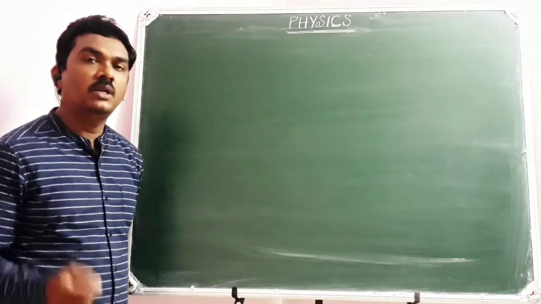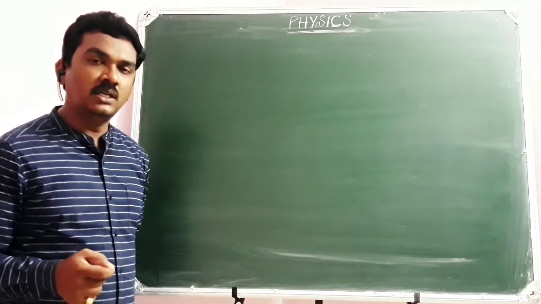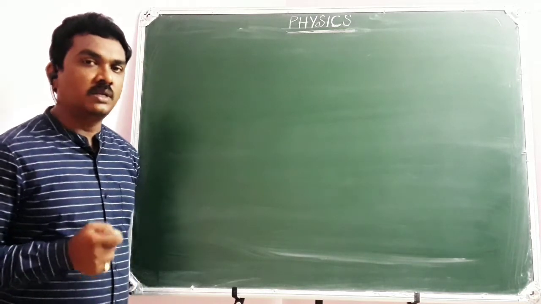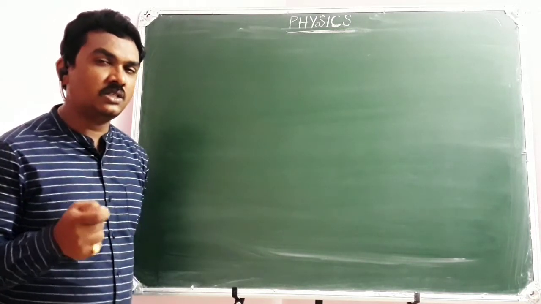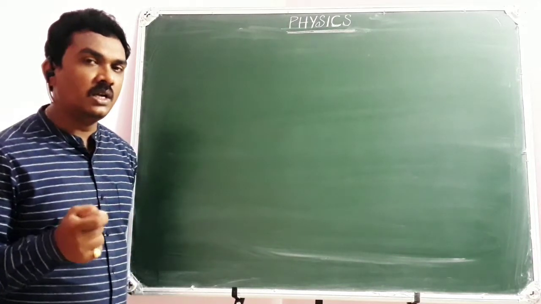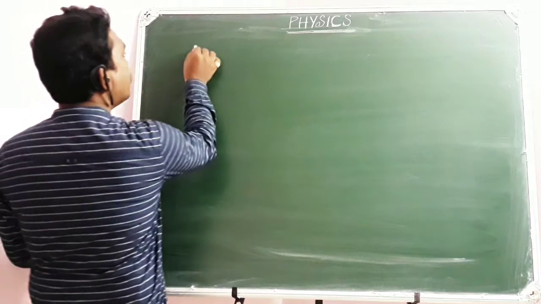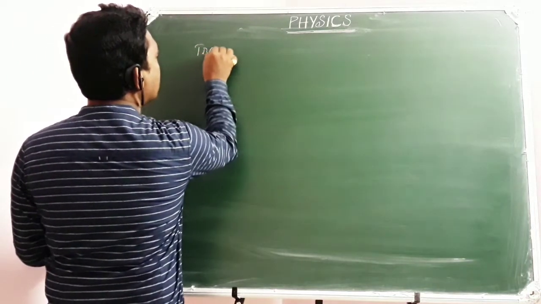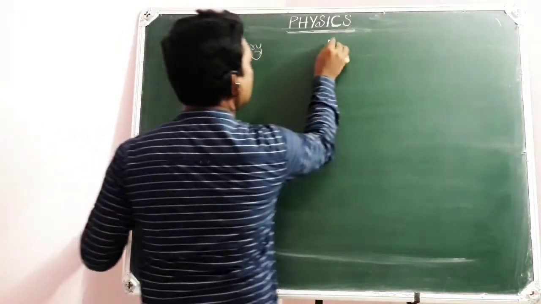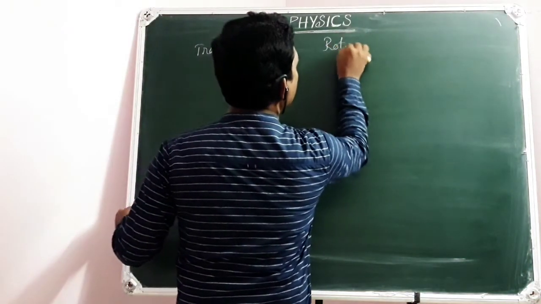Now here we can discuss a little more examples in physics for cross product or vector product. But just to understand those two examples in physics, you need to learn a little more difference or comparison between translatory motion and rotatory motion.